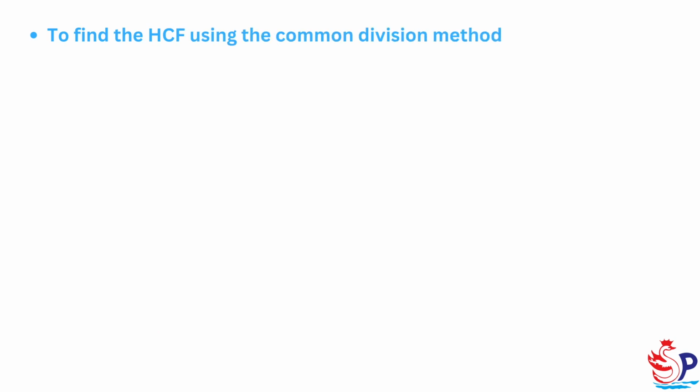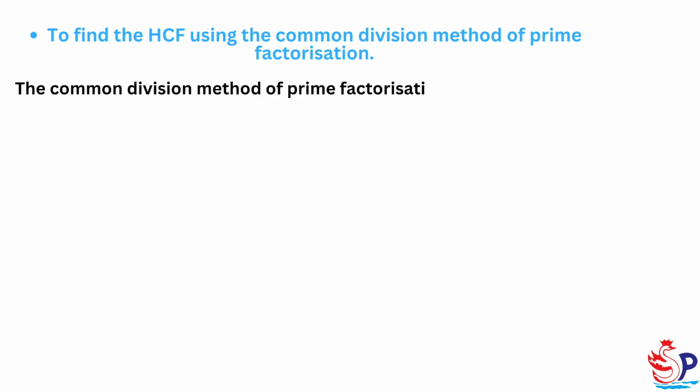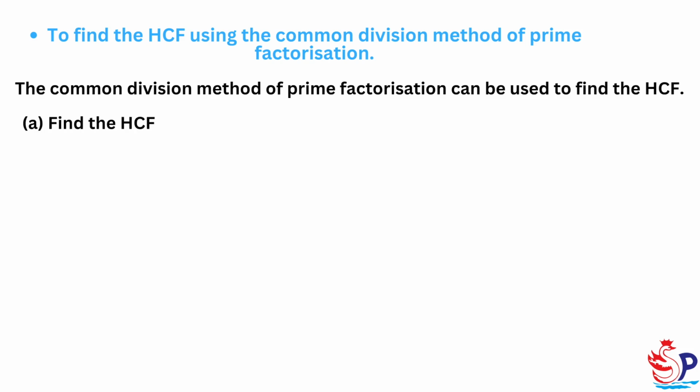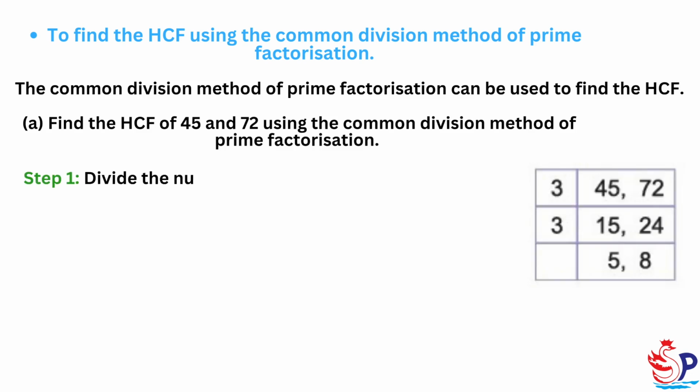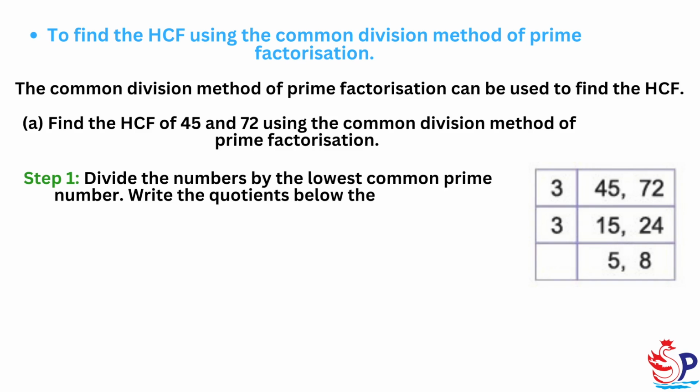To find the HCF using the common division method of prime factorization. The common division method of prime factorization can be used to find the HCF. A. Find the HCF of 45 and 72 using the common division method. Step 1. Divide the numbers by the lowest common prime number.